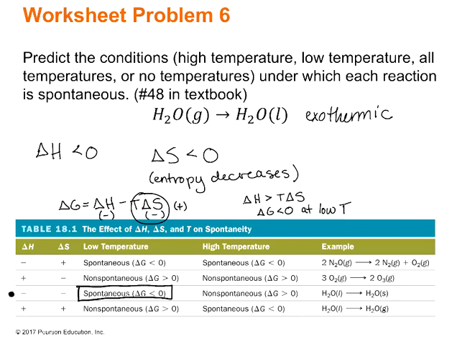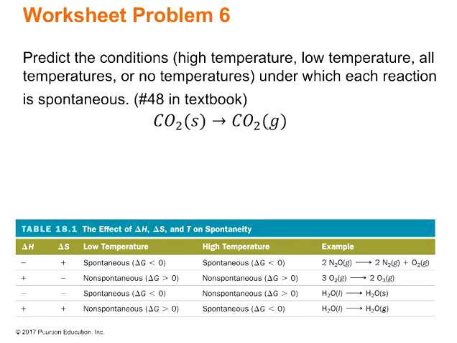Okay, so let's look at B. So in part B, we have CO2 as a solid, so that's dry ice, and it's becoming a gas. So it's undergoing sublimation. All right, so let's predict the signs of delta H and delta S. So let's start with delta H. If we're going from a solid to a gas, is that exothermic or endothermic?